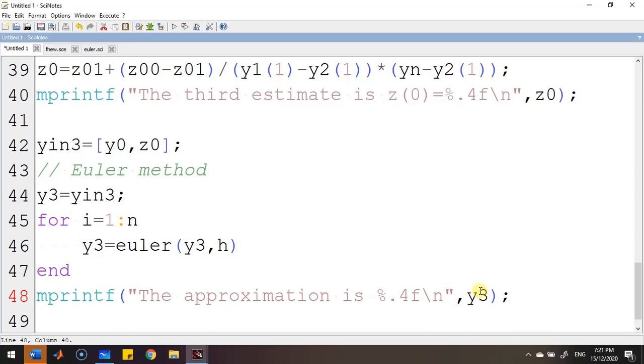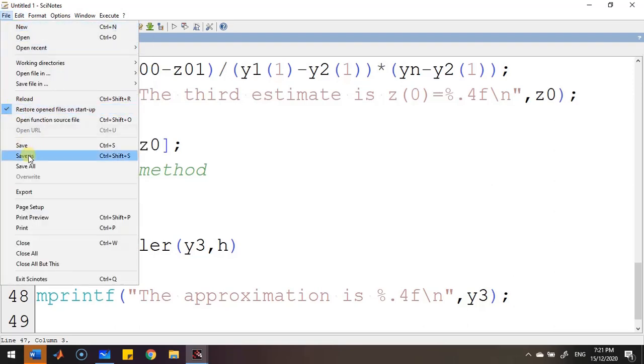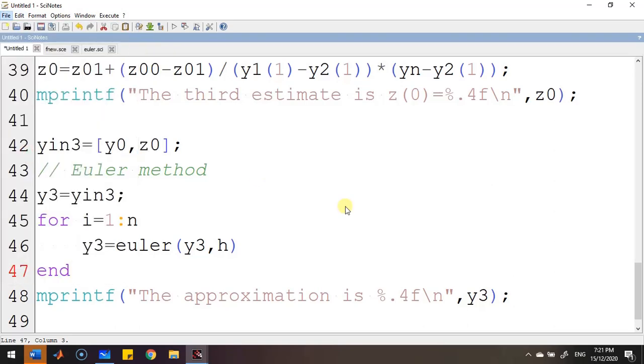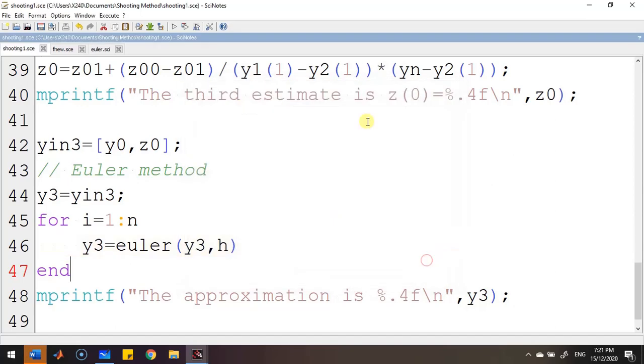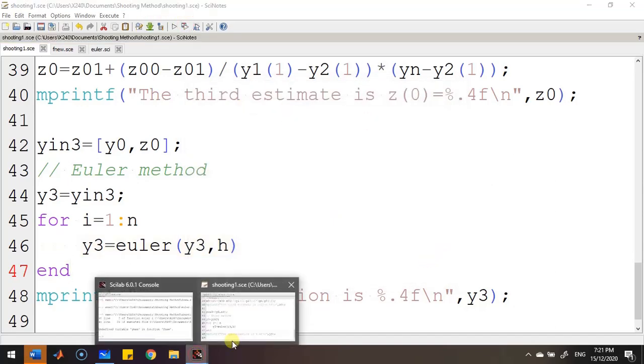There you go. Okay, let's just try. I might have very many errors or none, I don't know. Save it as shooting 1, and then execute the button.